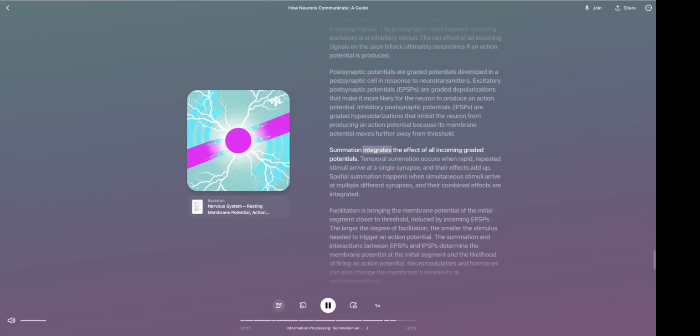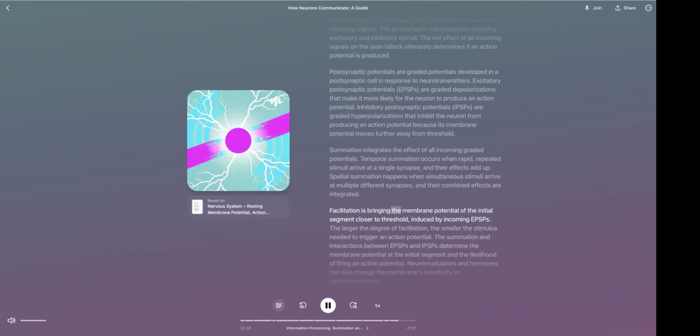Summation integrates the effect of all incoming graded potentials. Temporal summation occurs when rapid, repeated stimuli arrive at a single synapse and their effects add up. Spatial summation happens when simultaneous stimuli arrive at multiple different synapses and their combined effects are integrated.